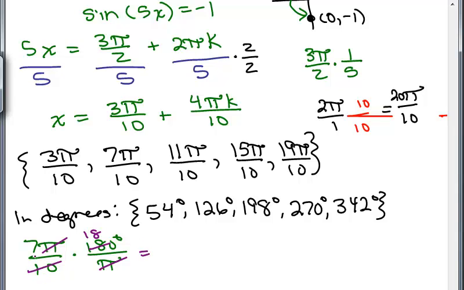And so you have to do 7 times 18, and that is 126 degrees. So yes, it does seem to be working out. And of course, the only way to know for sure that all of these are the solutions, whether it's in radians or degrees, is to put it in the correct mode on your calculator and plug each one of those into the original equation, which is 1 plus sine of 5x equals -1.